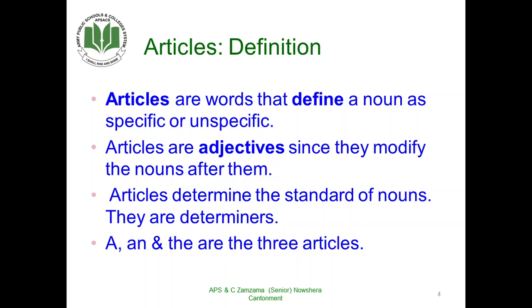Articles are actually adjectives since they modify the nouns after them. They are always used before a noun. Articles determine the standard of nouns, so we can call them determiners. A, an, and the are the 3 articles.